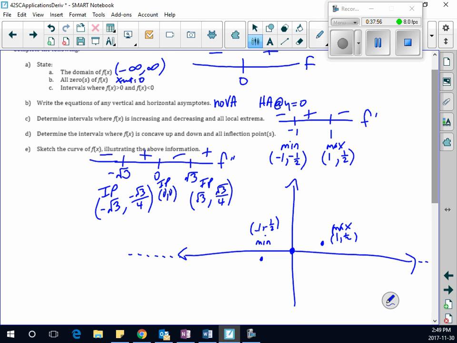Does everybody see it's totally below the x-axis on the left of 0, so make sure when you're doing that, right? It's switching concavity here at negative root 3, and it's decreasing on the left of that.